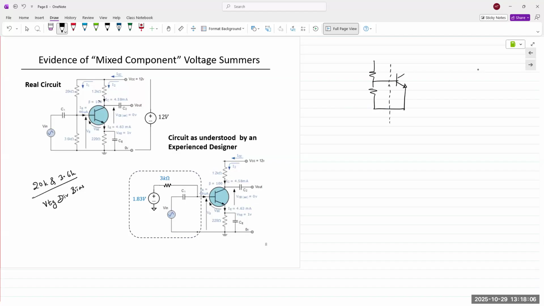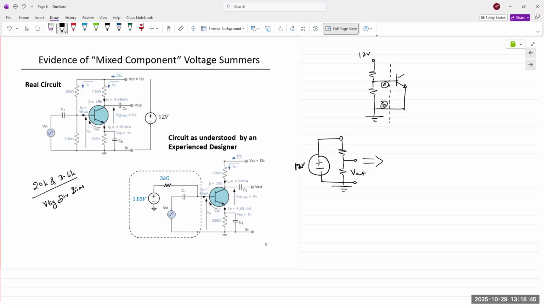If I was to find the Thevenin equivalent circuit between A and B, you apply 12 volts here at the top, voltage divider, two resistors in series, creates this effect. This is equivalent to this, right? 12 volt source is connected to these two resistors, and I'm taking the output across here.